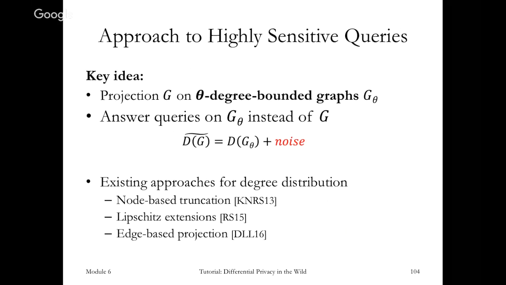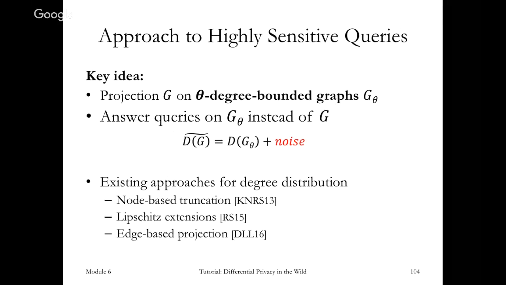There are 3 existing works that I know of to do this projection. The first way is node-based truncation, which removes all the nodes that have a degree more than theta. The second way is to create Lipschitz extensions. This approach reconstructs a bidirectional graph, and then you run max flow algorithms on this new graph.